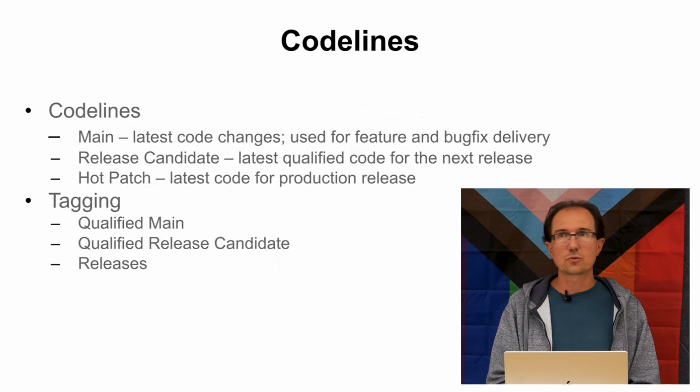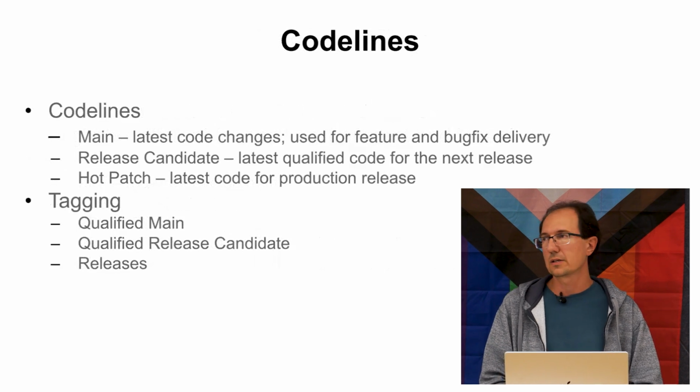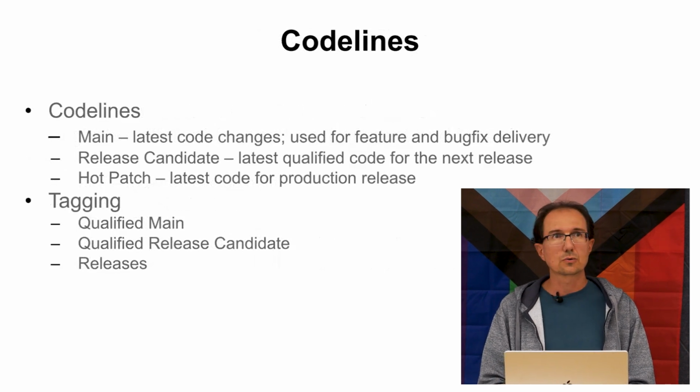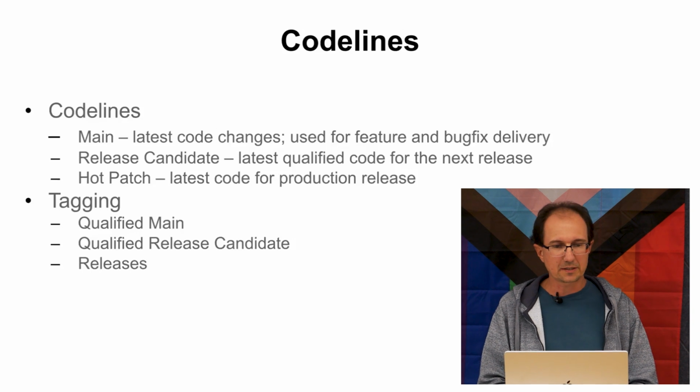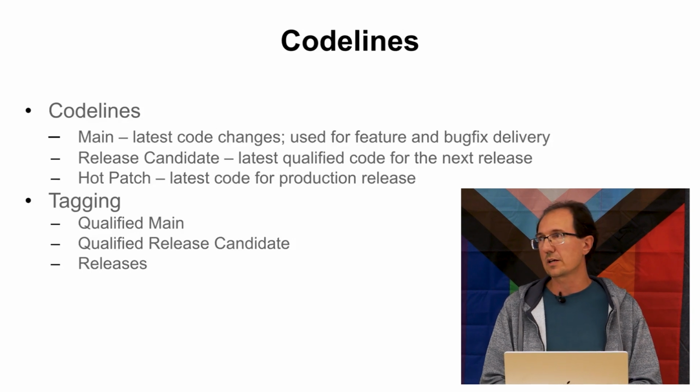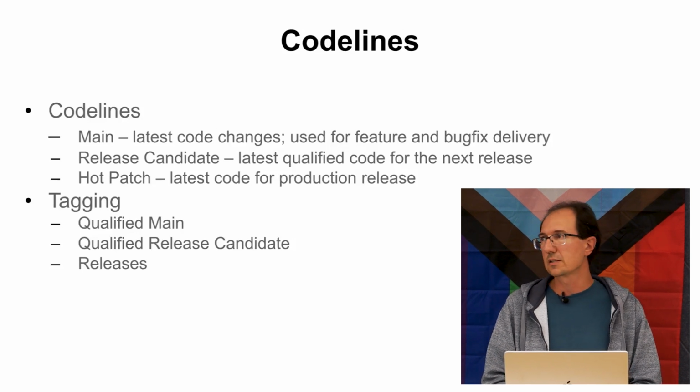Next thing, of course, we are coding. We are coding and storing our source code in the versioning system. Specifically, we are using three code lines. Most companies, I think, use a similar pattern. In our particular case, we have the main code line, where we store all the changes, including bug fixes, latest changes, features, everything goes there.